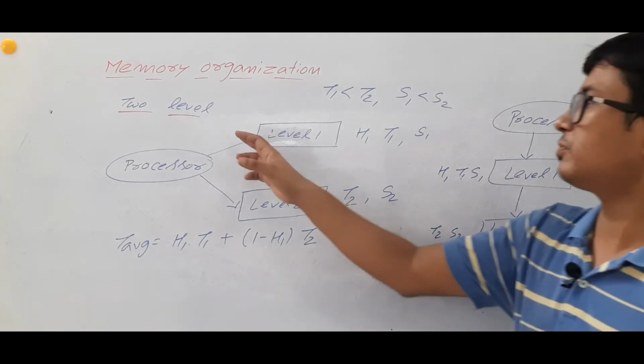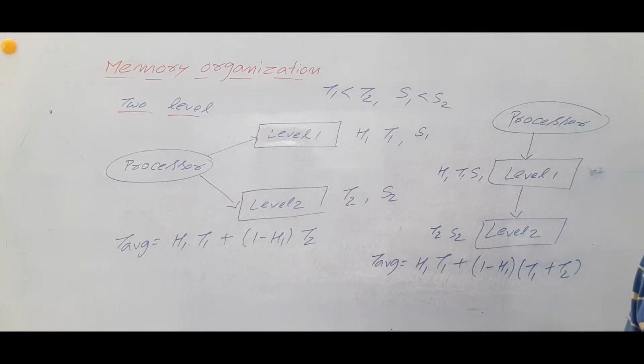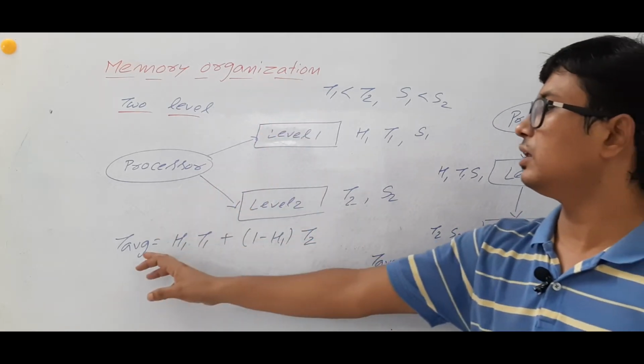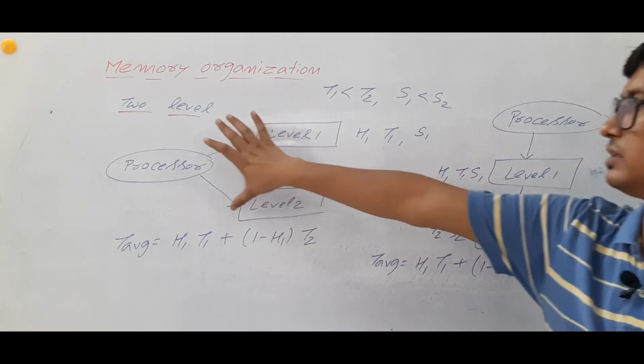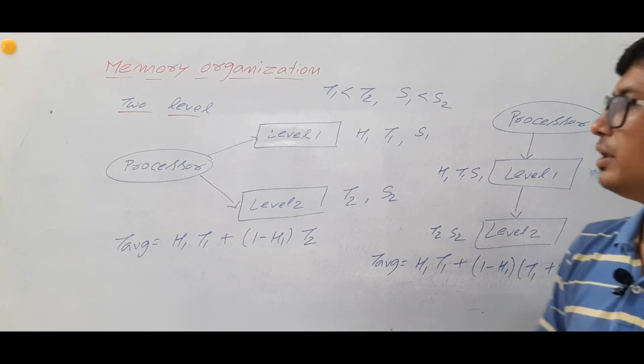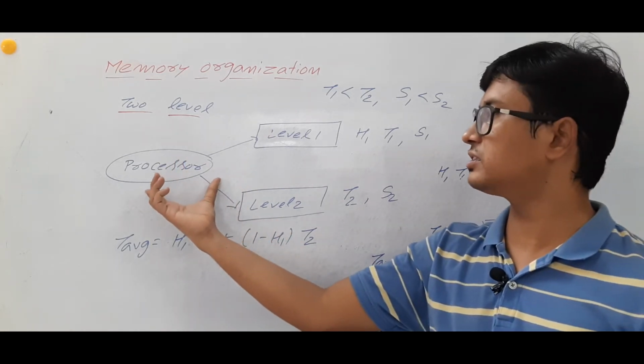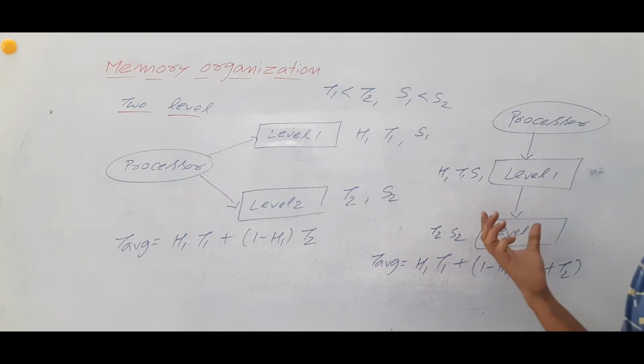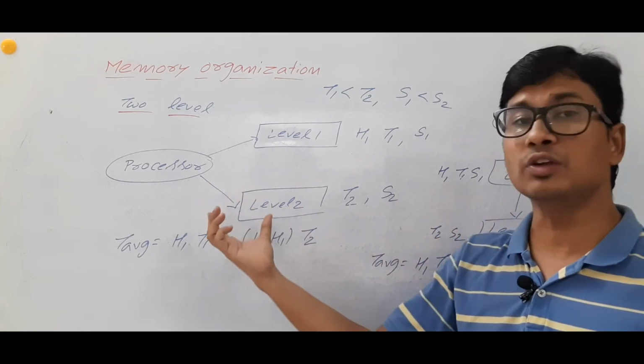Whereas here simultaneously you are searching. So that is the difference between the average access time in this organization and in this kind of organization. Now, if they mention whether it is this kind of organization or this kind of organization, you will do the solutions based on that.